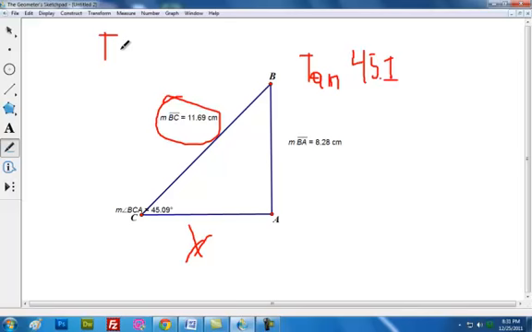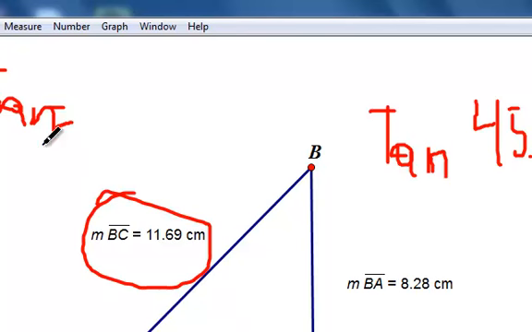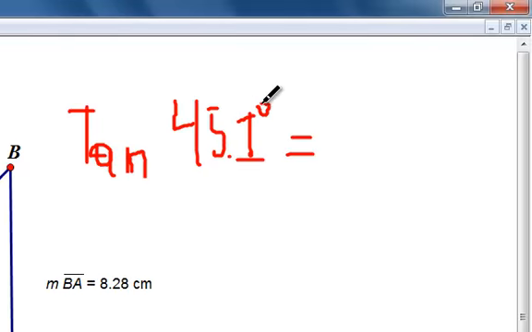So tan theta equals opposite over adjacent. So we got 45.1, so tan 45.1 degrees equals opposite 8.3 over x.